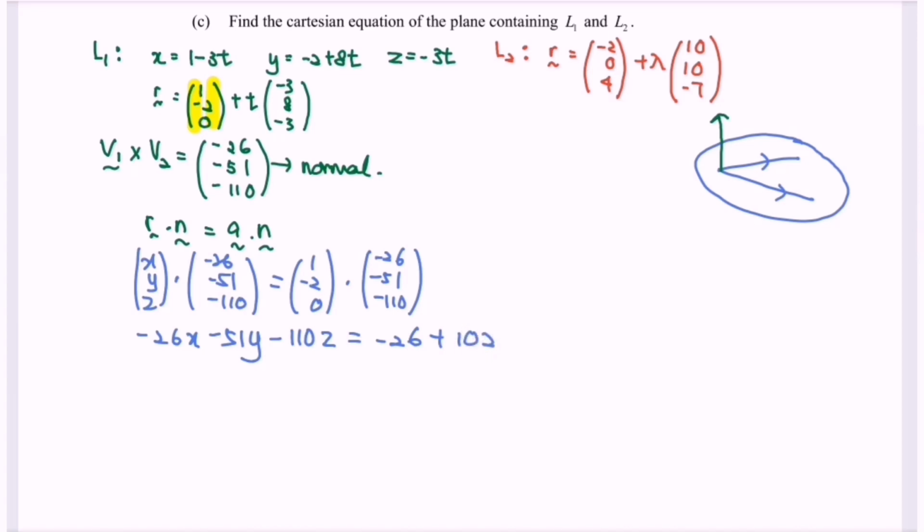So kindly rewrite, or we can say simplify. So here we will have 76. So -26x - 51y - 110z equals 76. That will be the Cartesian equation of the plane. Or we can write 26x + 51y + 110z equals -76. So that will be the Cartesian equation of the plane containing L1 and also L2.